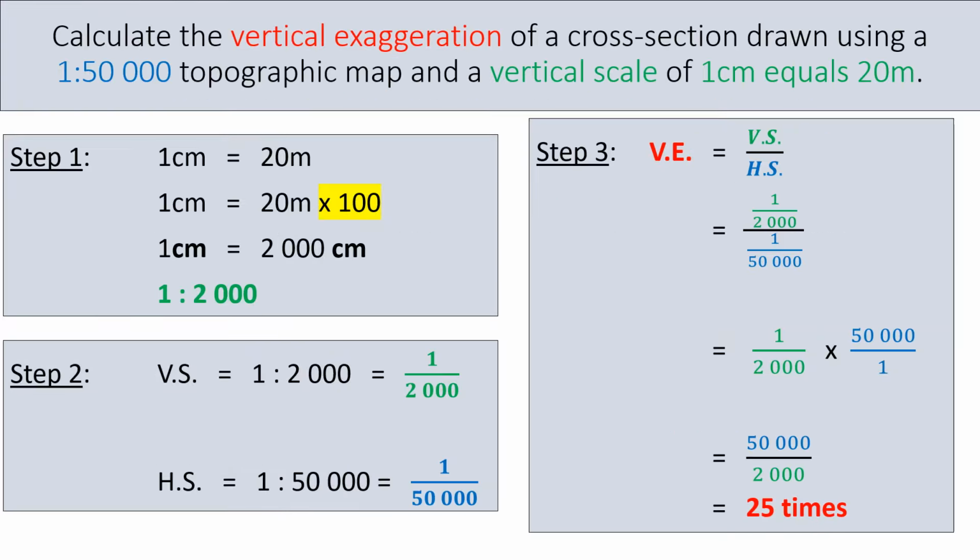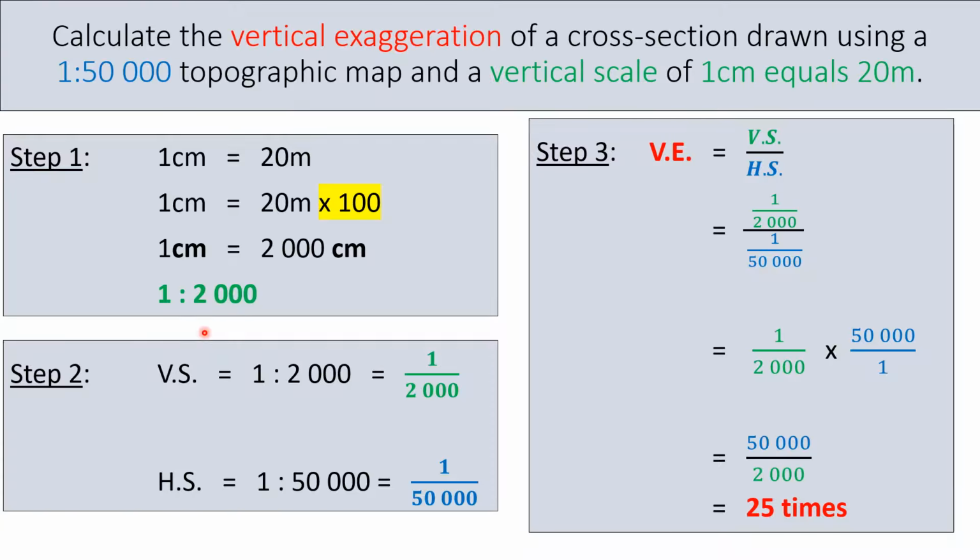Let's calculate the vertical exaggeration using a vertical scale of 1 centimeter equals 20 meters. In the first step, you're always going to try and convert the vertical scale that is given as 1 centimeter equal to 20 meters into a ratio scale so that you're able to compare the ratio scale of the vertical axis with the ratio scale of the horizontal axis on the cross section.